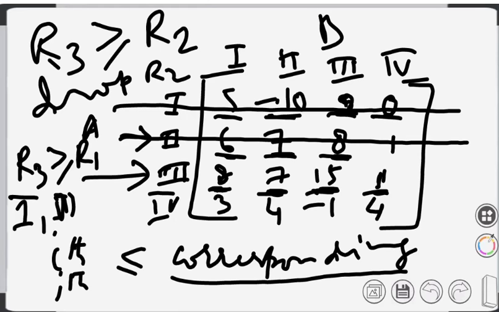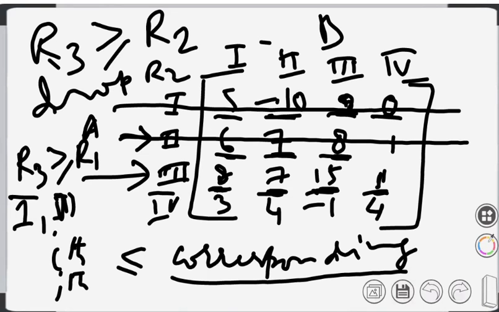You can compare any row with any other row. It is not necessarily two rows which are side by side. You can compare row one with row four. Any two rows.